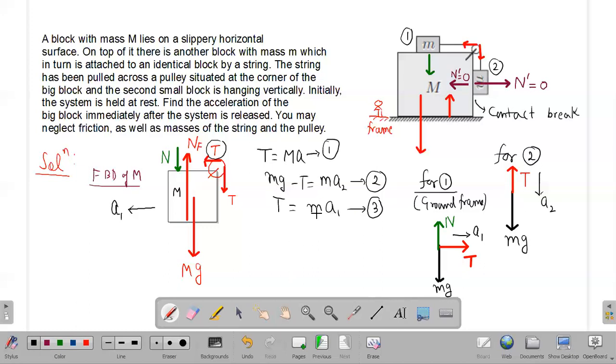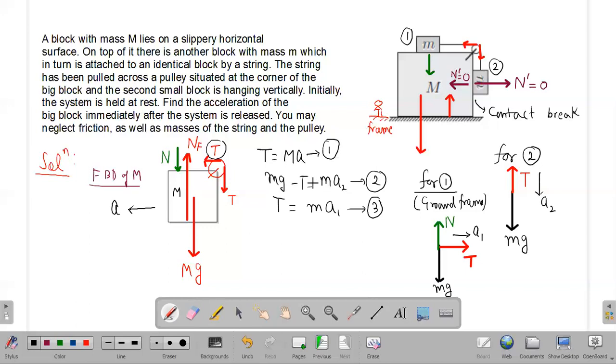The pseudo force is required when we consider a non-inertial frame, and we are observing each and every motion of all the three blocks in the inertial frame, that is the frame attached to the ground. So only real forces are considered on the blocks, and according to those real forces, we have considered their accelerations as a1, a2, and that small a, right? I will denote it just a.